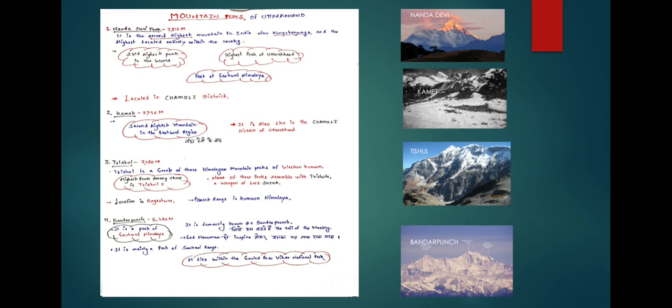As I have discussed, it is the highest peak of Uttarakhand. It is a part of the Garhwal Himalayas, because there are two regions in Uttarakhand, one is Garhwal and one is Kumaon. And the most important thing is the location: it is located in Chamoli district.